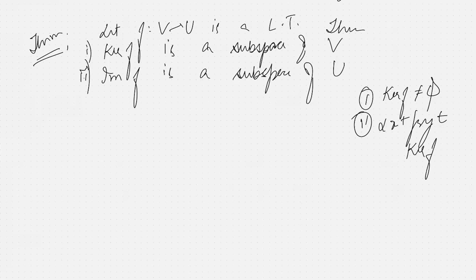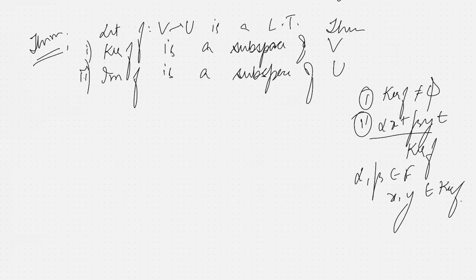Okay, now the first implies that we are showing that this set is non-empty. What does the second one mean? We will be taking scalars alpha and beta from F, and x, y from kernel f, and we will be showing that alpha times x plus beta times y also belongs to kernel f.